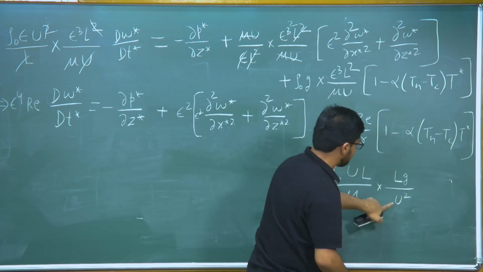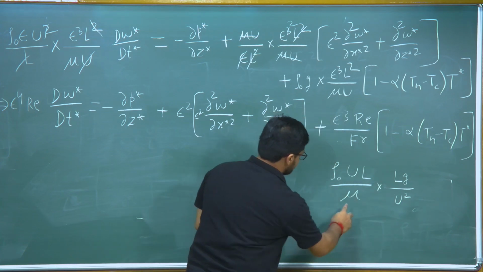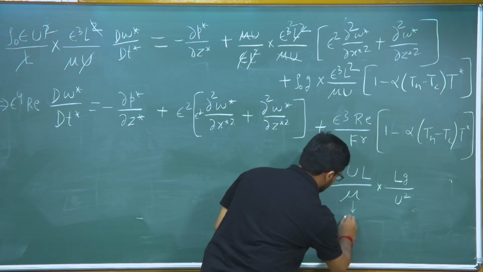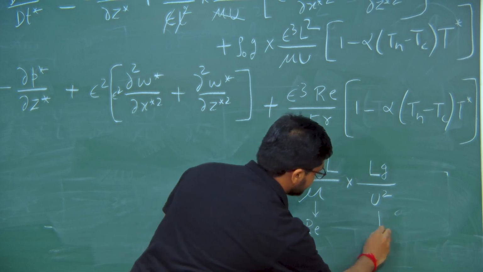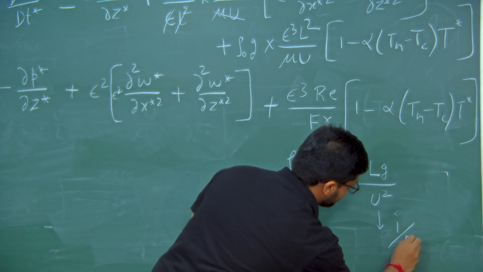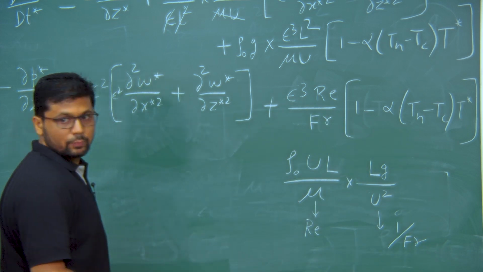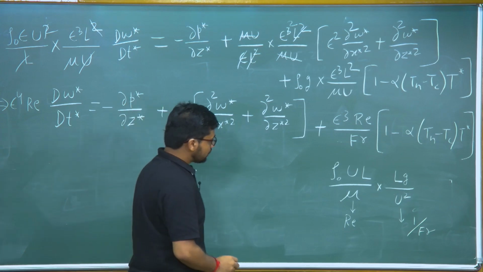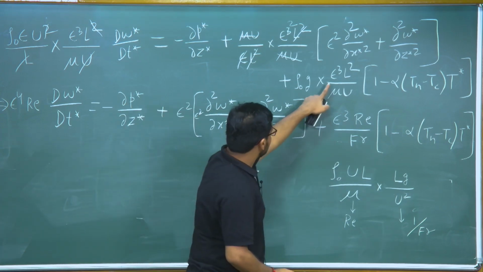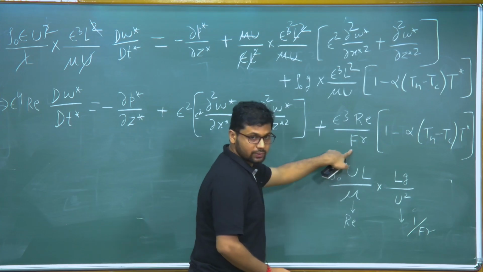So, this u will become u square. So, this is Reynolds number, and this is 1 upon Froude's number, u square upon L g is Froude's number. So, that is why I wrote it epsilon cube Reynolds number upon Froude number.